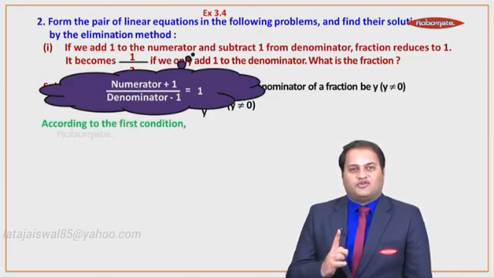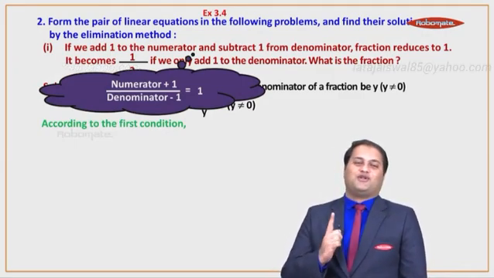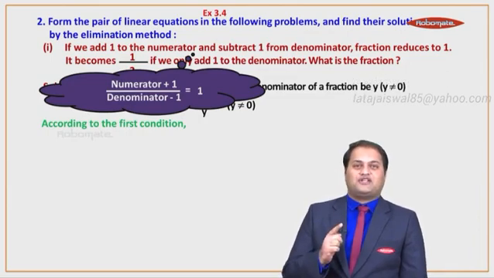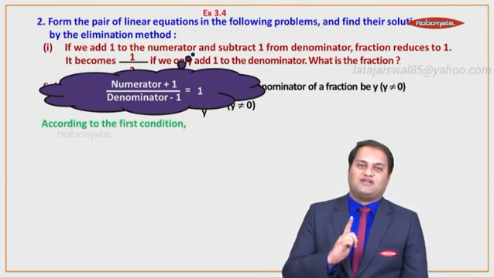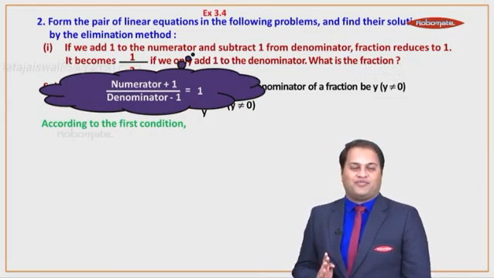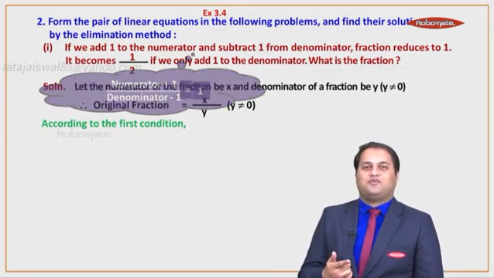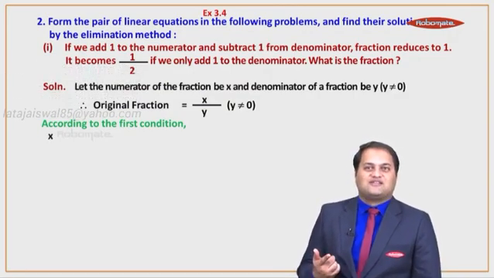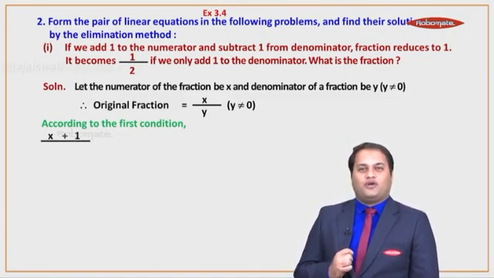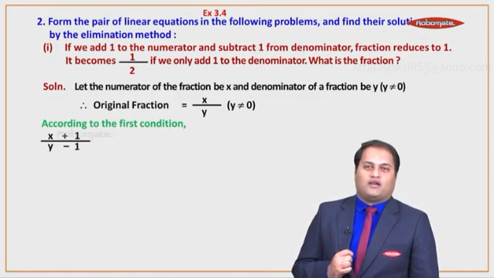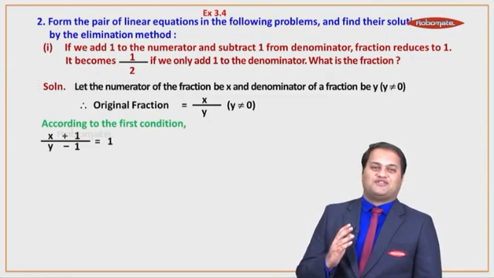Numerator you add 1, so numerator plus 1, denominator you subtract 1, so denominator minus 1, and the fraction reduces to 1. Numerator x, denominator y, so the equation becomes x plus 1, add 1 to the numerator, upon y minus 1, subtract 1 from the denominator, is equal to 1. The fraction reduces to 1.